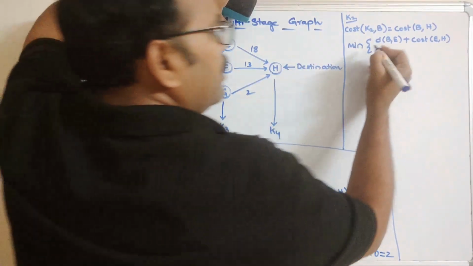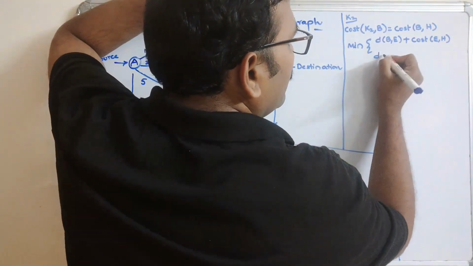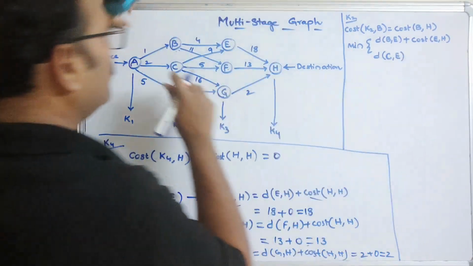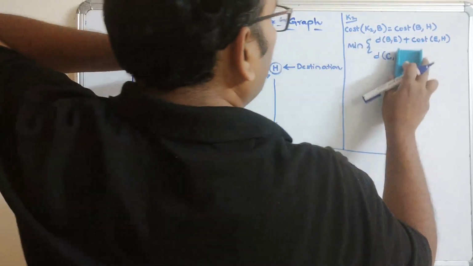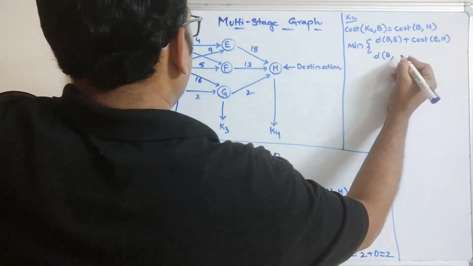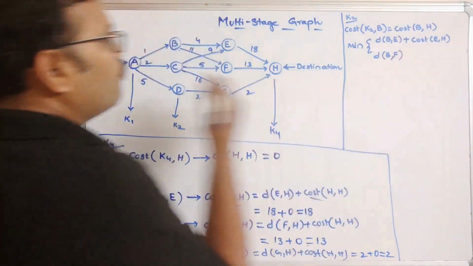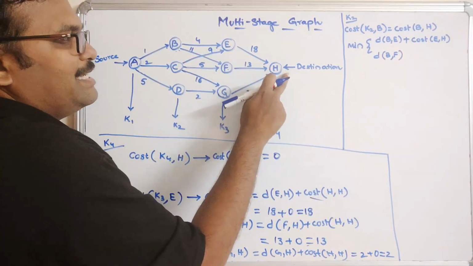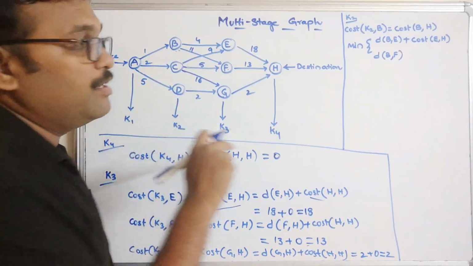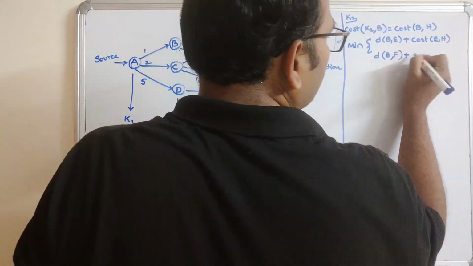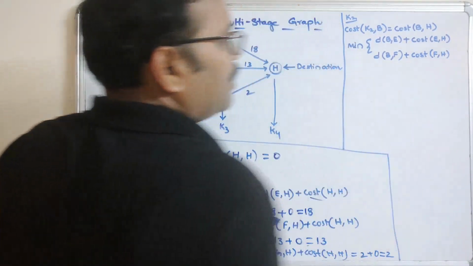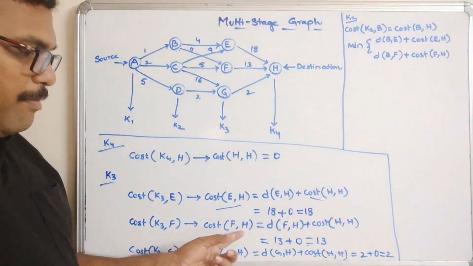Similarly, I'll write here D of B comma F, because from B we can reach H through E or through F, two paths. So we need to find the minimum, plus the cost of F comma H. That is also found, right?